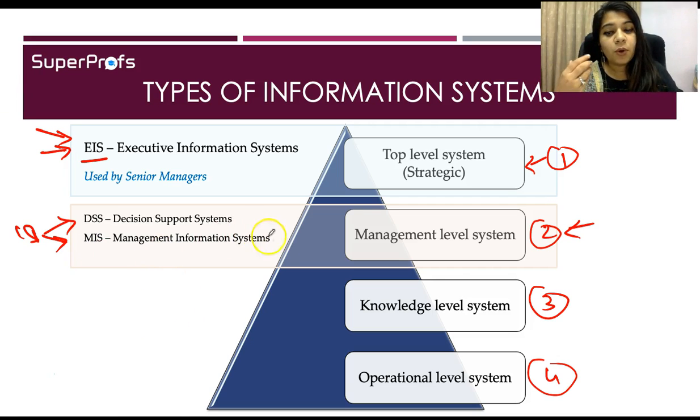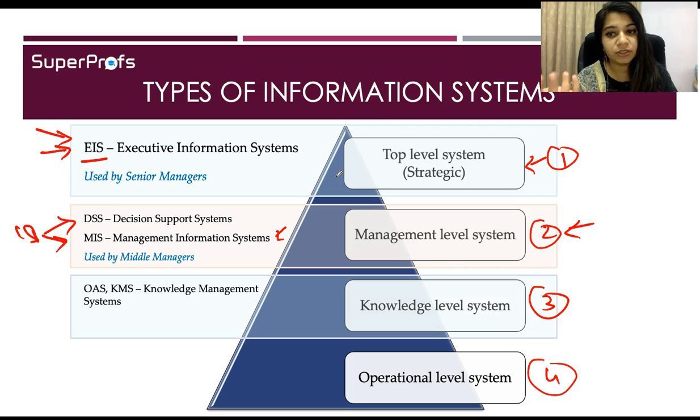Okay, so systems which will help them or enable them to manage human assets, all those things will come in management information system. All right, and this is used by obviously the mid-level managers, or the middle managers.